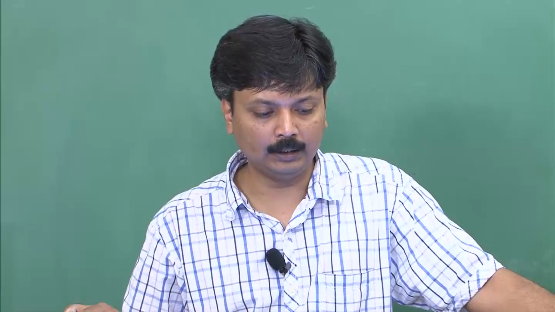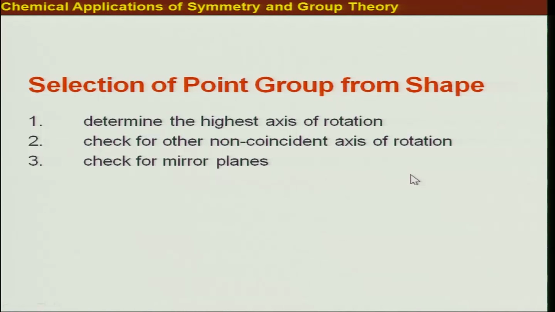So, what is that procedure? A few things you have to do, as written on your screen. First, find the highest axis of rotation, that is, what is the Cn.